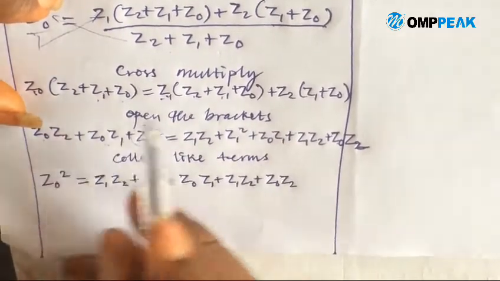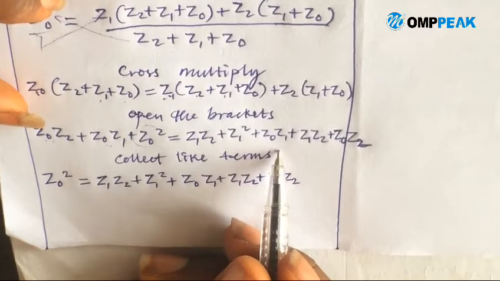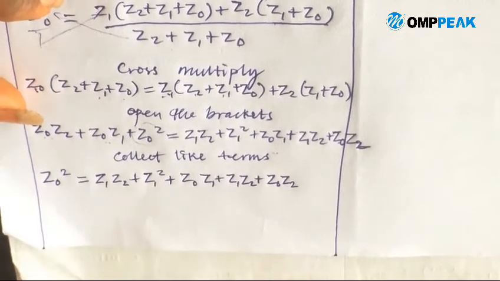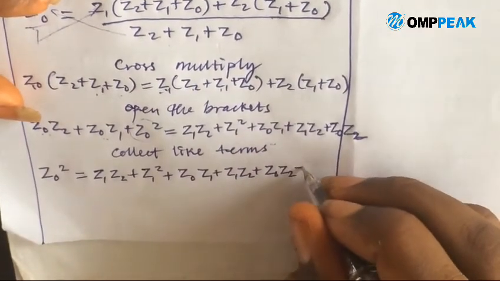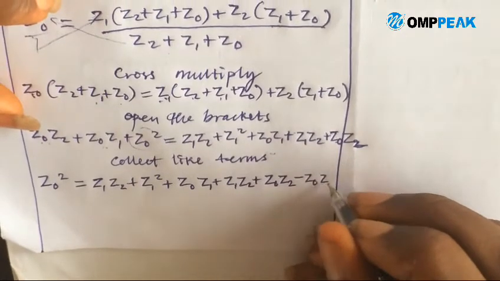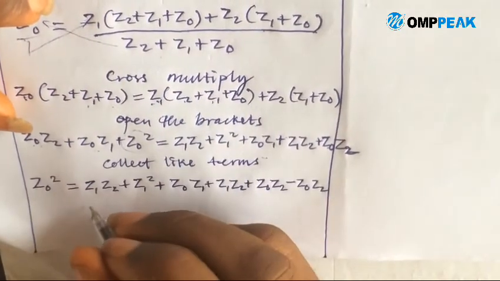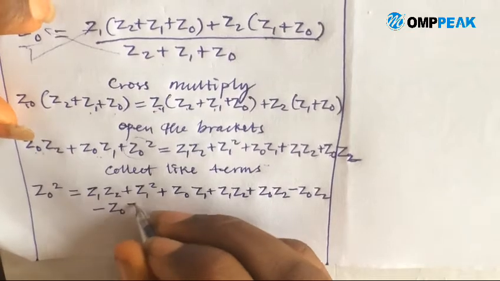You know, when you take this one to this side, it will come negative, that is minus. Now we have minus Z0 Z2 minus Z0 Z1.